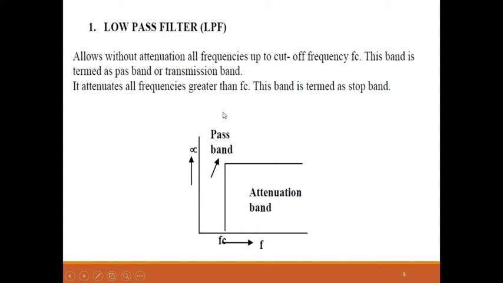It means that up to the cutoff frequency, the frequencies required for the specific applications will be allowed, from 0 to the cutoff frequency. The remaining frequencies are entirely stopped, that is the attenuation band or stop band.